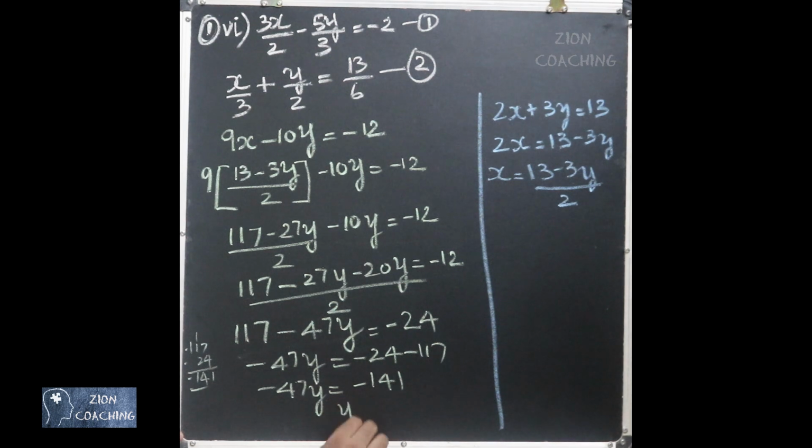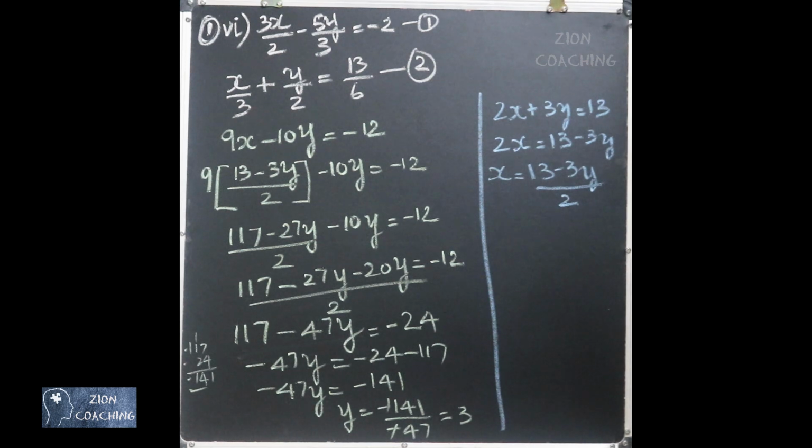So your y value is going to be minus 141 divided by minus 47. Minus and minus will get cancelled. So we are going to have 3, because 3 into 47 is 141.